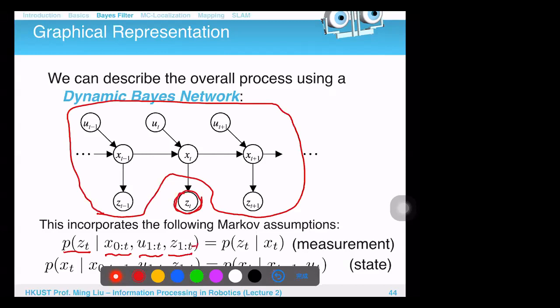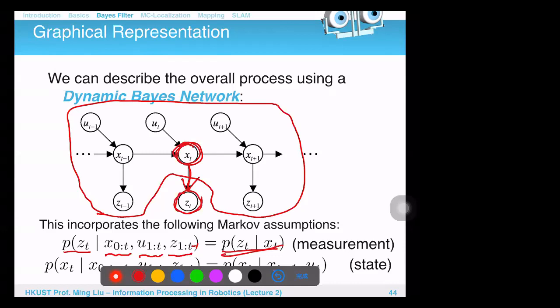So basically, what is important is z t is not dependent on any of these given x t. That means the only information source of z t is x t. That's one Markov assumption, because any information you need to jump more than one step will be ignored. So it's Markov. x t is the basis to analyze z t.